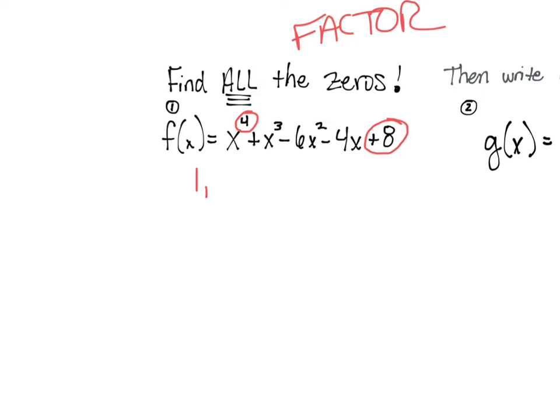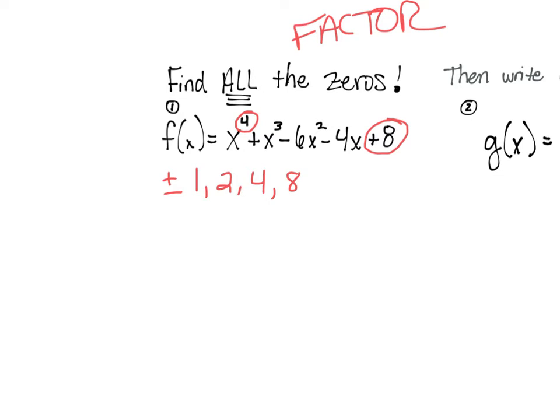I have 1, 2, 4, and 8, correct? Do I have just the positive ones? No, so what do I have to put in front? Plus and minus. On WebAssign, you have to put in positive 1, negative 1, positive 2, negative 2. For me, all you have to do is write the plus and minus in front. Now, you're going to do synthetic division to find one of these factors that quote-unquote works to give a remainder of 0.